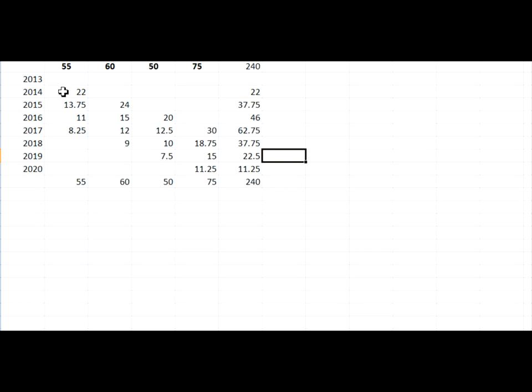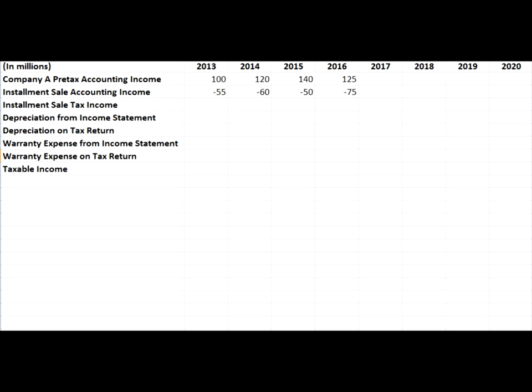Okay, so what you've done, you've just gone and calculated your payments in advance. So now you can just put them into your spreadsheet. So we'll just go back to our income spreadsheet, and we'll actually put what we need to pay over time.